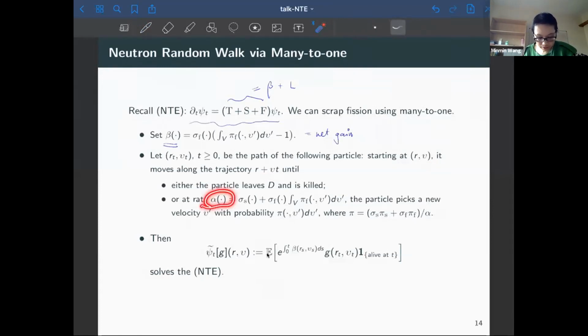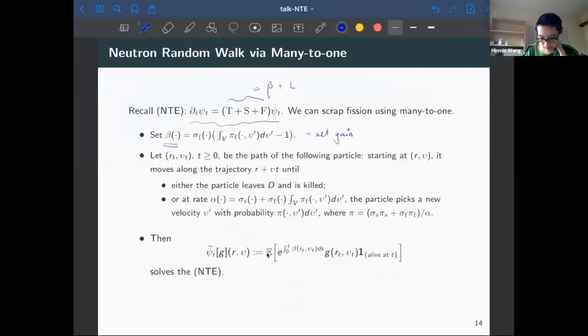This alpha is a combination of the scattering event as well as the fission event. When this happens, it will pick a new velocity with a new probability pi, which again is a combination of the fission and the scattering event.